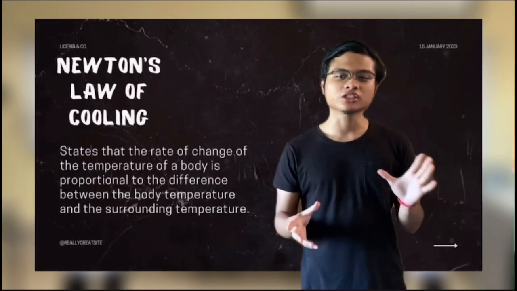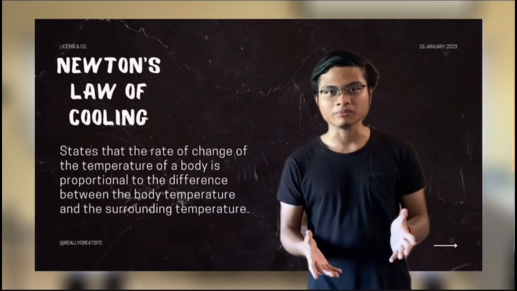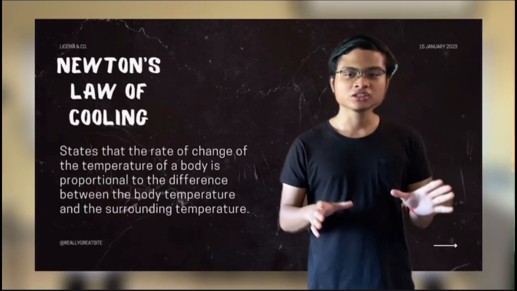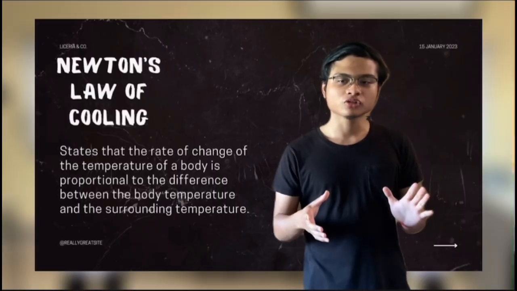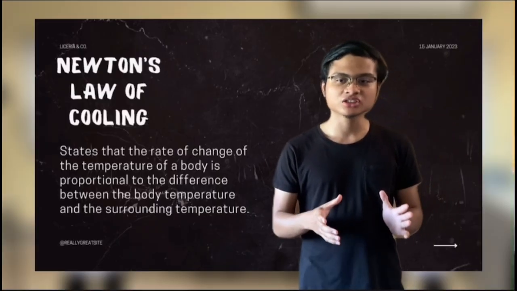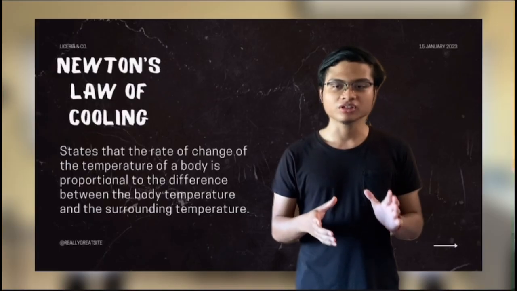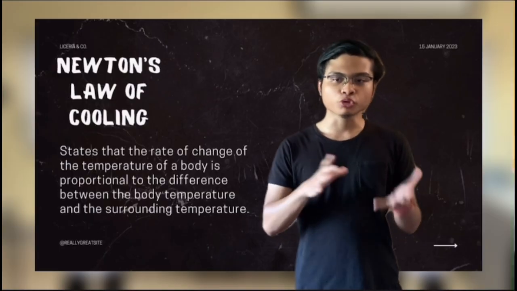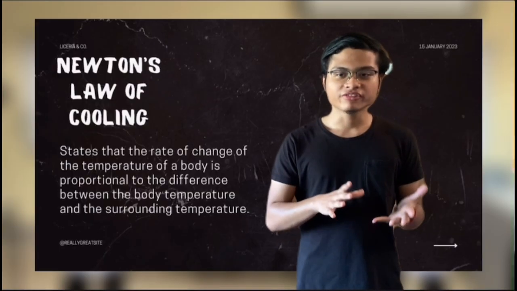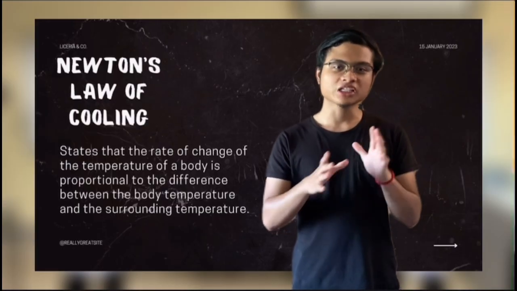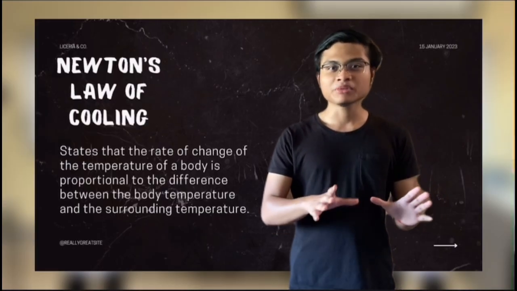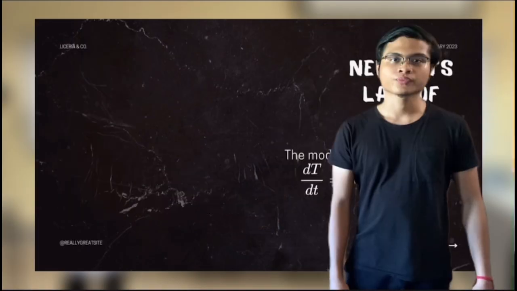Okay, before we continue with this video, let me give you a little bit of an introduction to Newton's law of cooling or warming, but in this case we're using cooling. Newton's law of cooling states that the rate of change of the temperature of a body is proportional to the difference between the body temperature and the temperature of its surroundings.